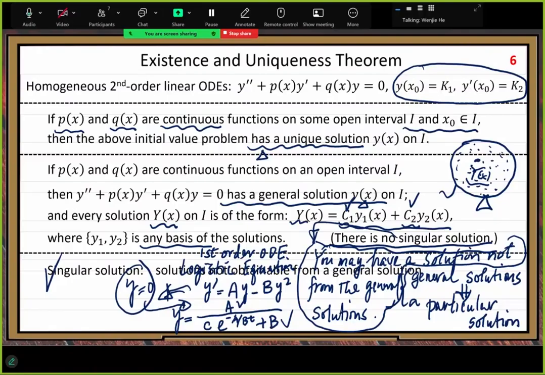These theoretical results are important, so I spend a lot of time to explain these results.